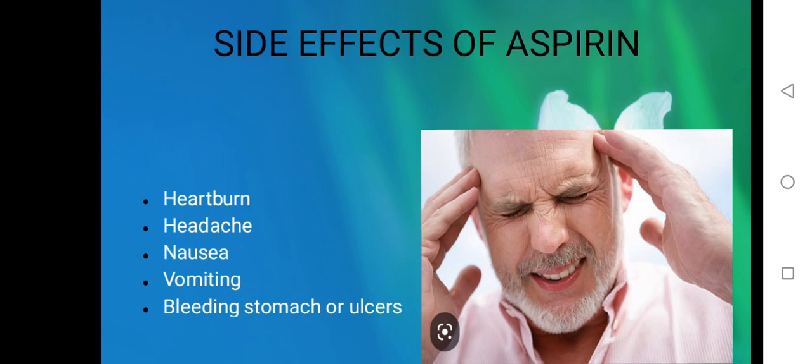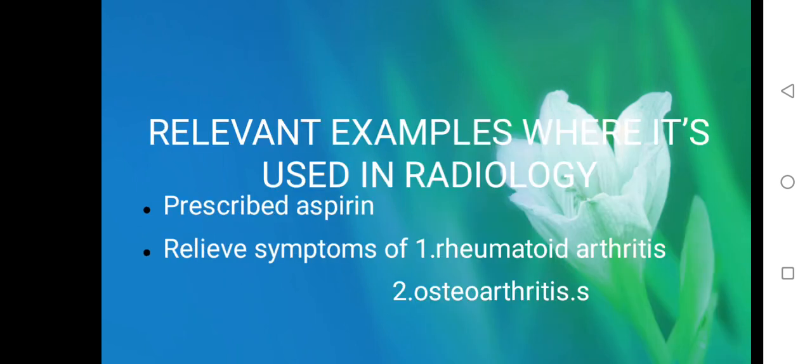Although it is promising, it also has side effects, which include heartburn, headache, nausea, vomiting, bleeding stomach, or ulcers. It also has relevant examples where it's used in radiology, other than MRI.